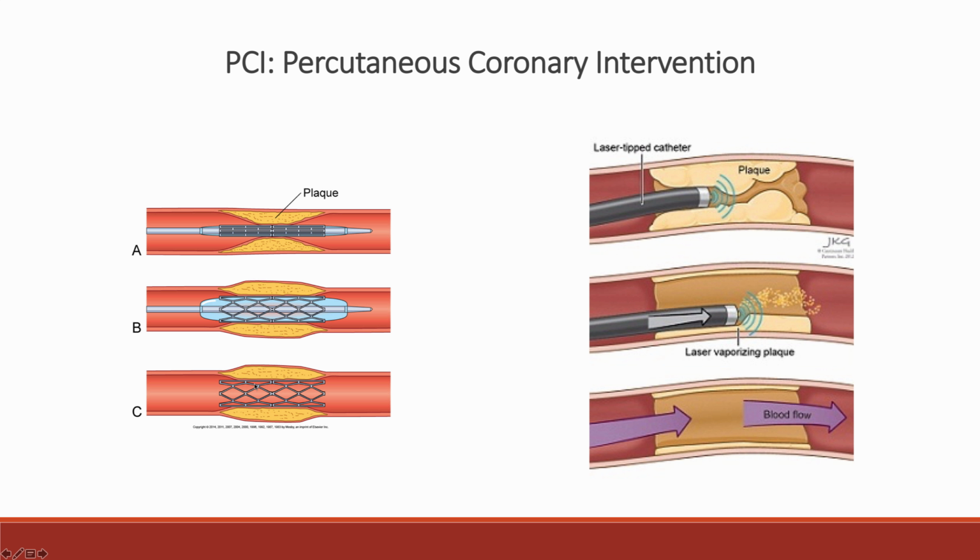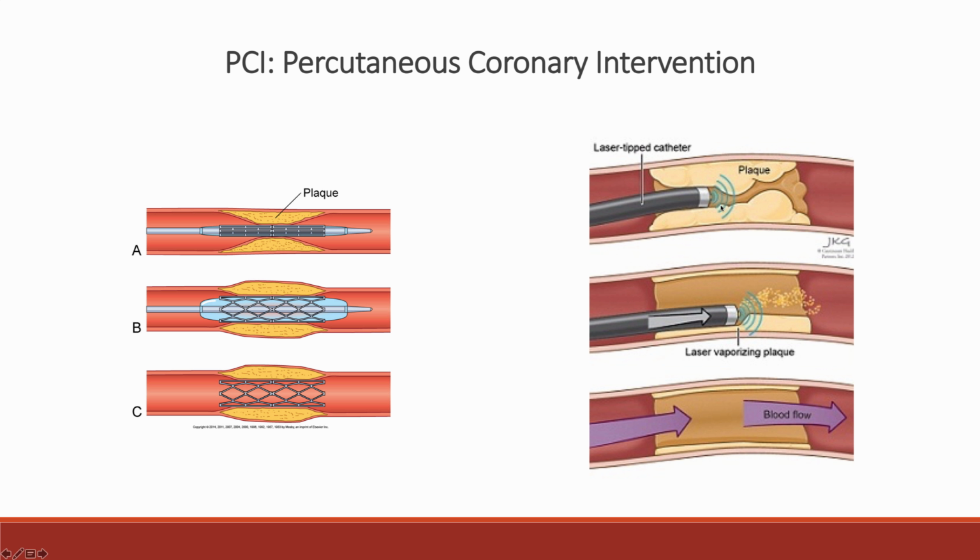And then the balloon is pulled out, and the stent remains. And when the stent remains, then it acts as sort of a scaffolding to hold the vessel open. So we're going to talk more about those stents, but suffice it to say that they are without a doubt the most commonly done of all the interventional procedures today.